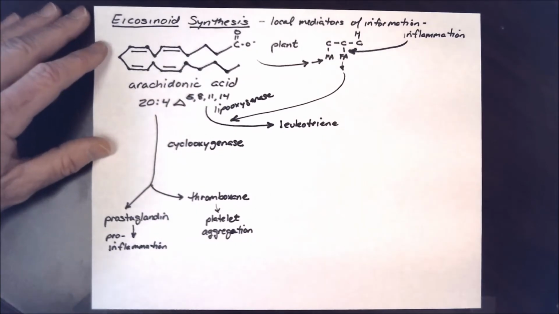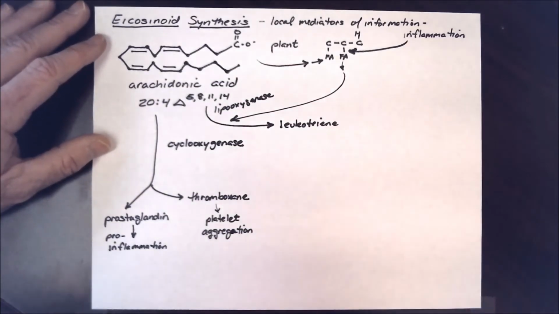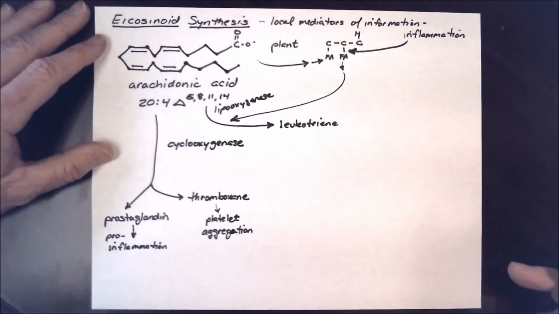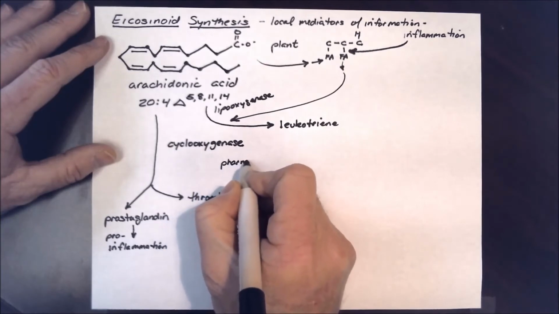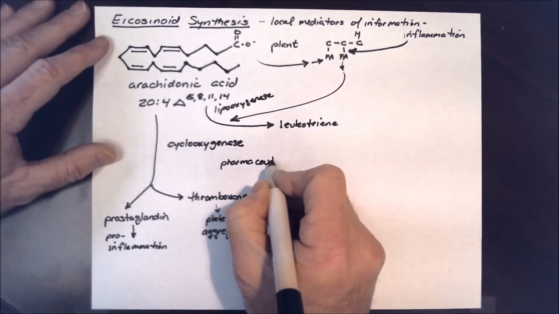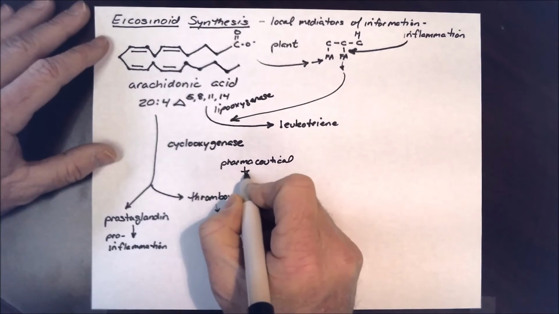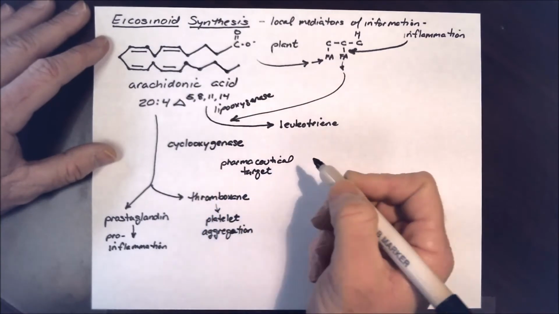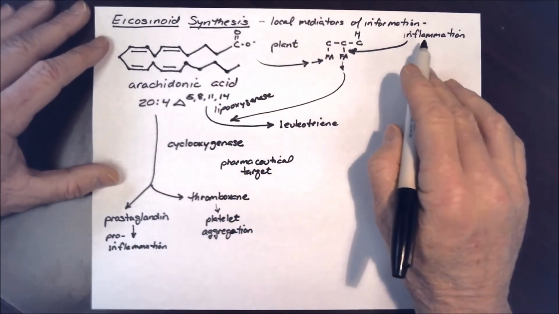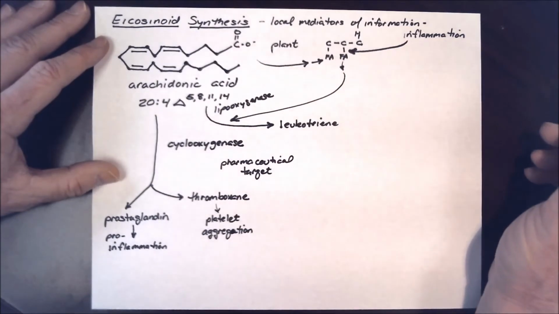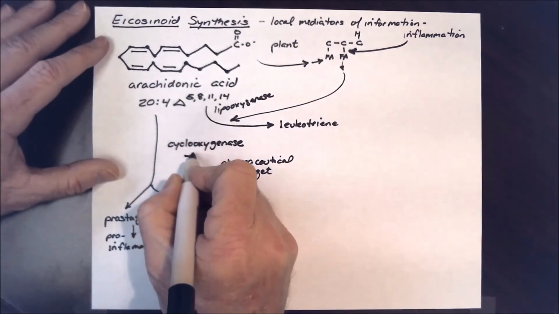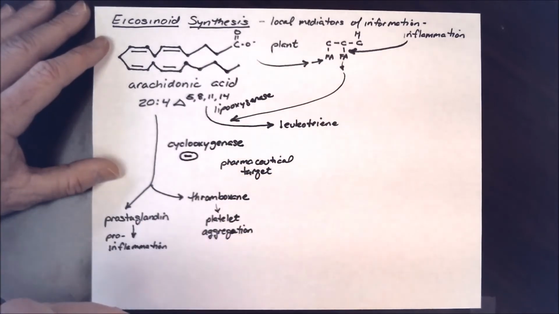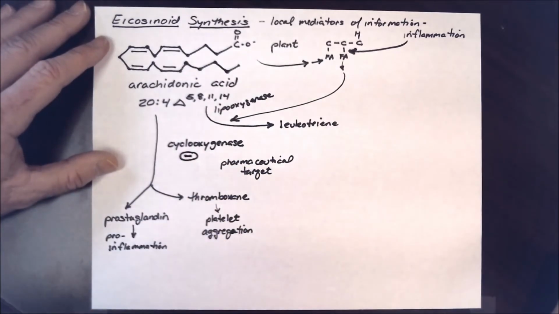Now, the part that needs to be addressed at this point is this becomes a very interesting pharmaceutical target. In order to control inflammation, we can think about producing an inhibitor for the cyclooxygenase enzymes.